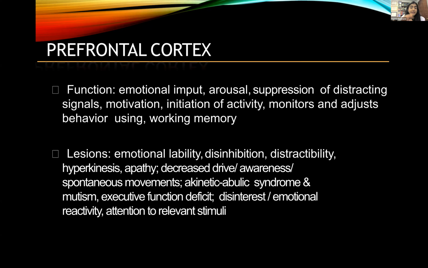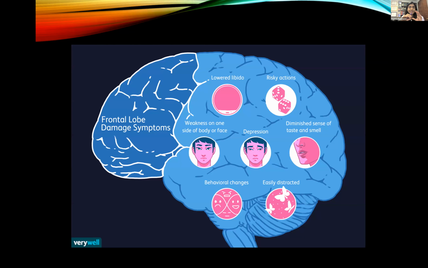So the lesions in the prefrontal cortex can lead to emotional lability, disinhibition, distractibility, hyperkinesis, decrease in drive and awareness and spontaneous movements, akinetic abulic syndrome, which we just talked about, and mutism, disinterest and emotional reactivity.